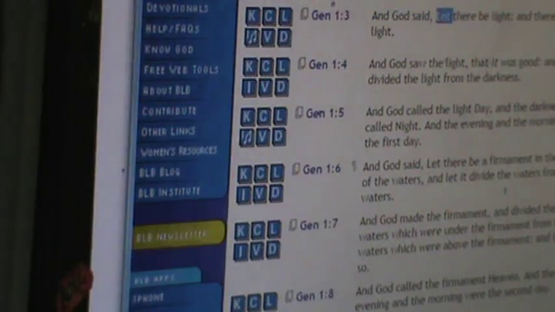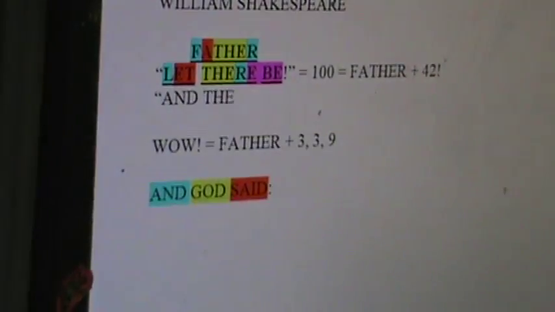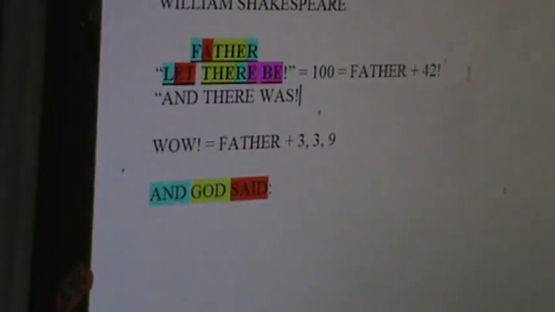And then, let there be light, and there was light. There's another 1, 2, and there was. Amazingly, so let there be is Father. Amazing, 100. And then the follow-up every time is and there was.